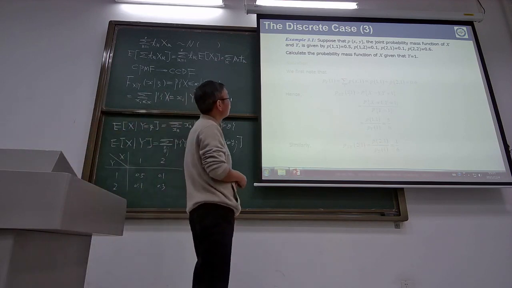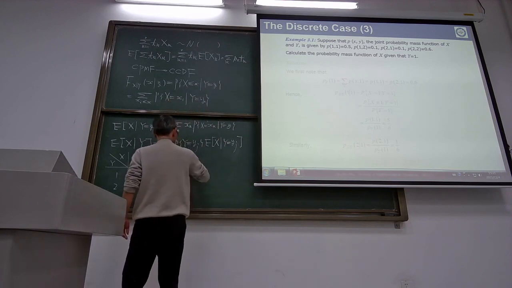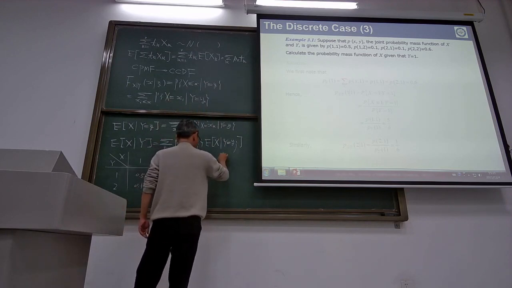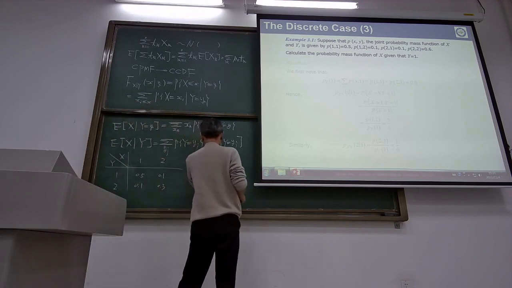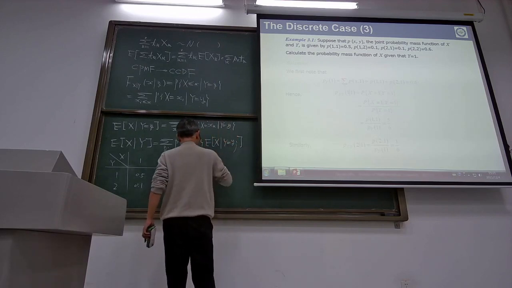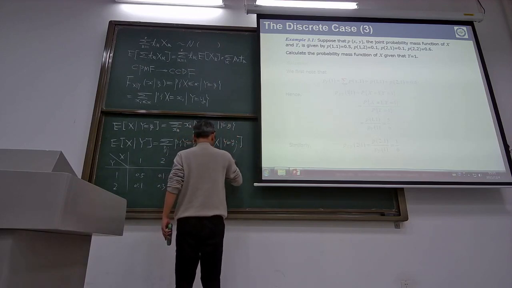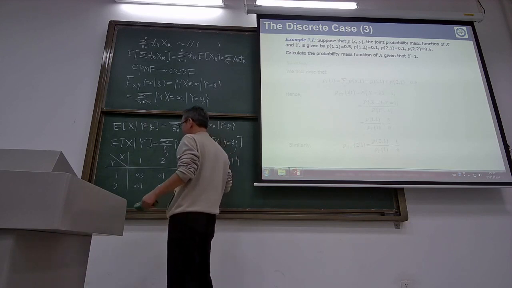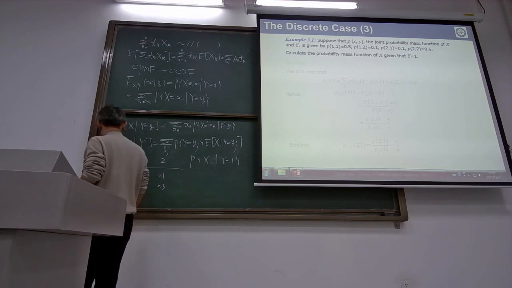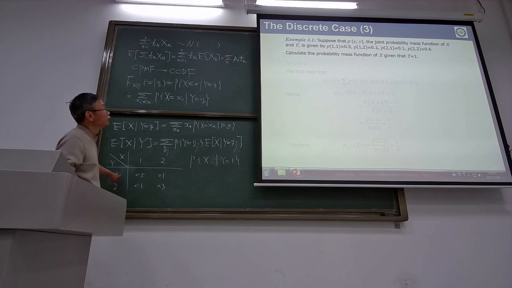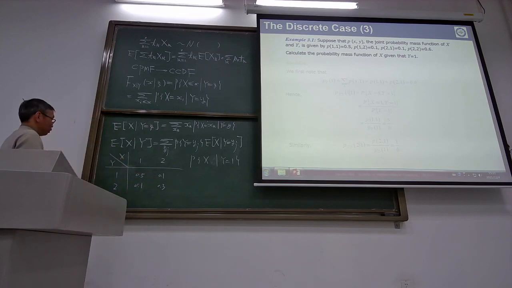Our question is to find the probability mass function of X given Y equals 1. So Y equals 1, with X equal to 1 or 2. In such a case, Y is fixed.